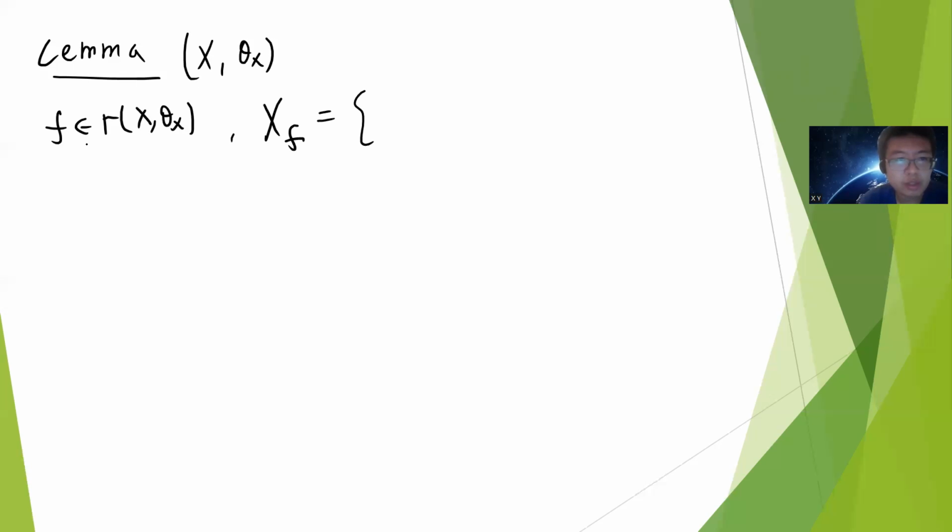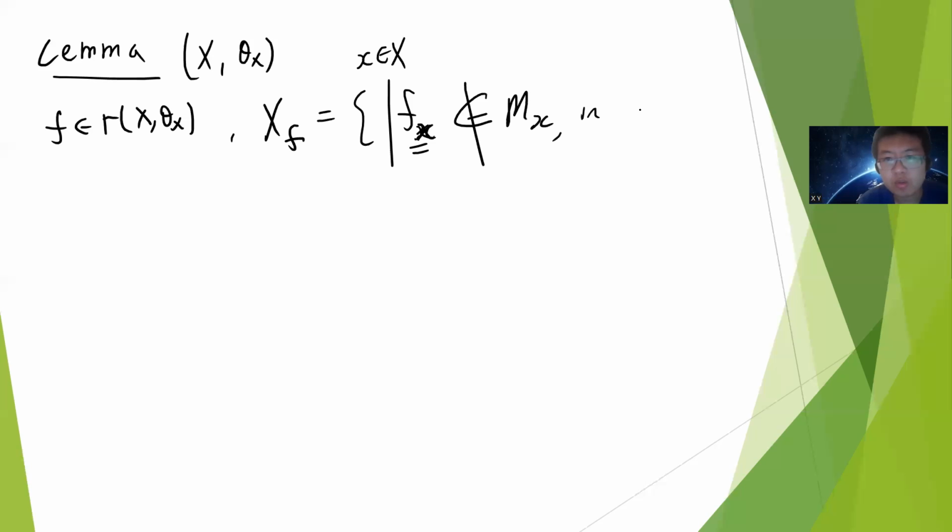For each point x, you can restrict f to f_x, its representative in the stalk. You take all the points in the scheme such that this f_x is not in the maximal ideal m_x of the local ring.